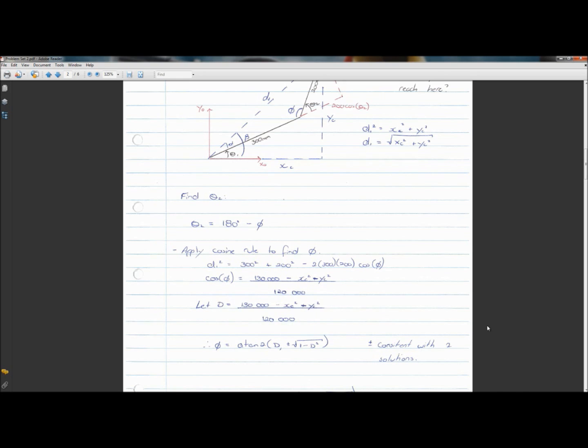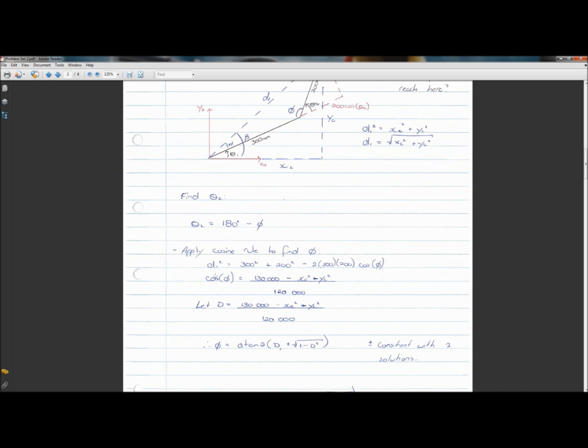I won't go into the proof of how this works. It just works. It has to do with 1 being equal to cos squared theta plus sine squared theta. You can look into it if you wish. But that is how you go from using the cosine rule to finding phi.